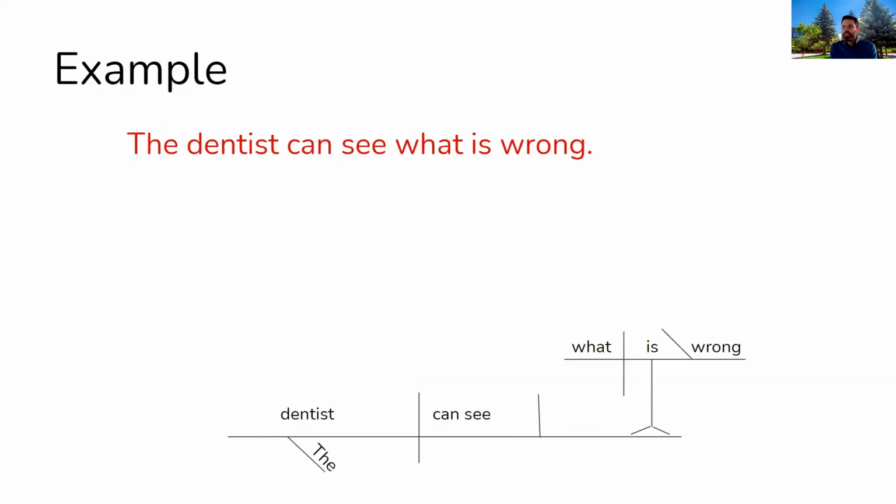Here's another one. The dentist can see something, and the something is our nominal dependent clause: what is wrong. So again, here we have an interrogative that's taking a subject slot. Something is wrong. What is wrong?